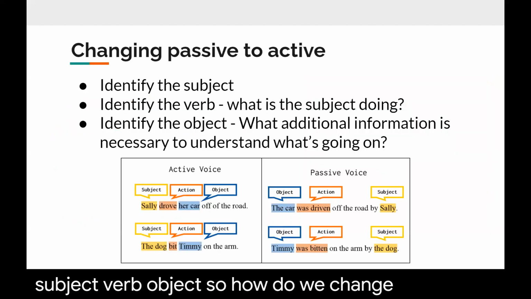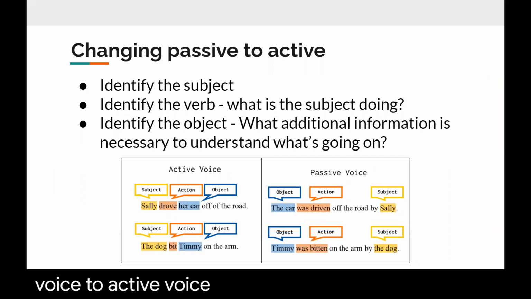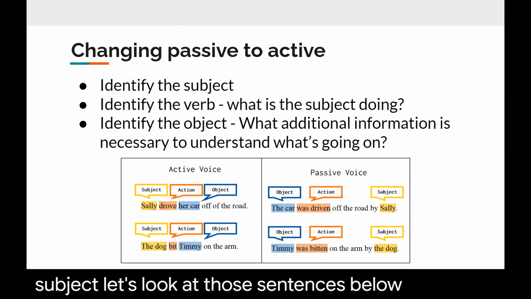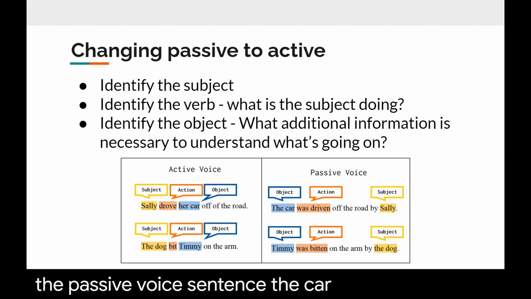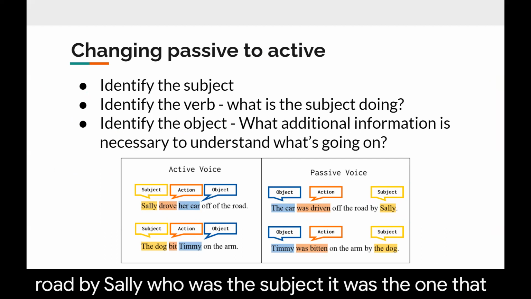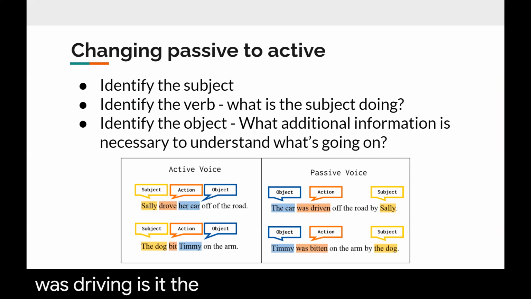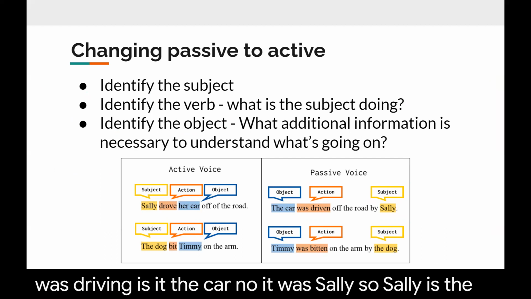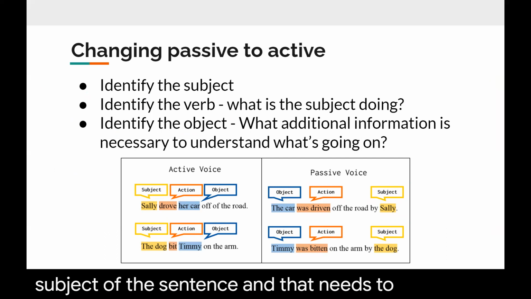So how do we change passive voice to active voice? The first step is identifying the subject. Let's look at the sentences below. Look at the passive voice sentence. The car was driven off the road by Sally. Who is the subject? Who is the one that was driving? Is it the car? No, it was Sally. So Sally is the subject of the sentence, so that needs to go first.